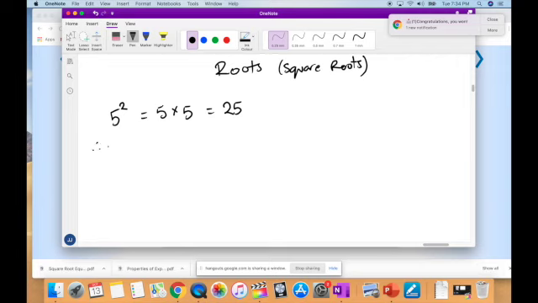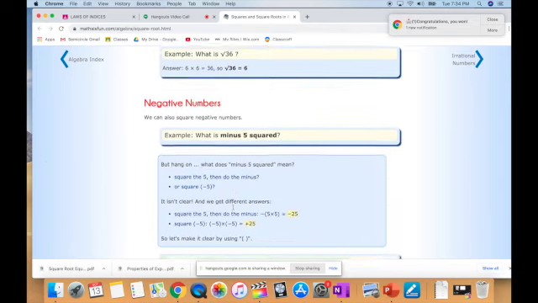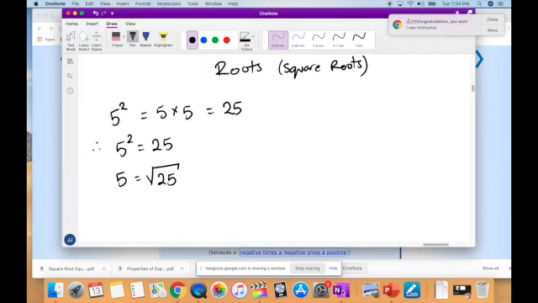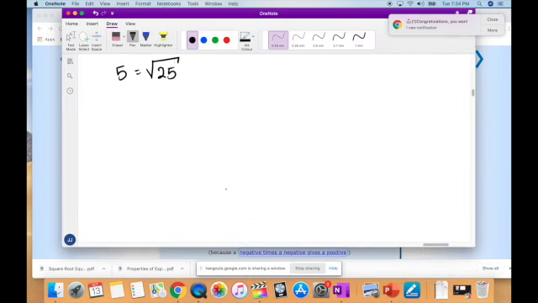So therefore, 5 squared is equal to 25, and 5 is equal to the square root of 25. Okay? Everybody okay with this? Yes, sir. Alright. Let me ask you another question. What is the square root of 25?